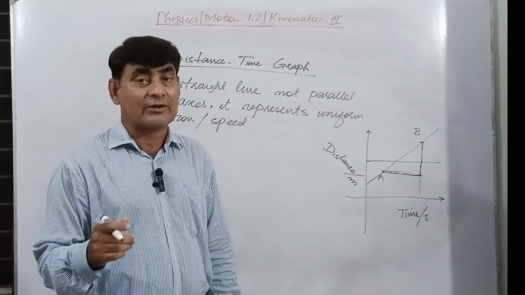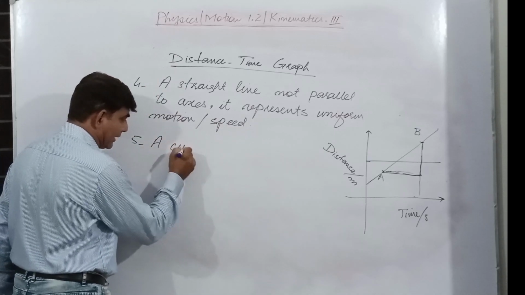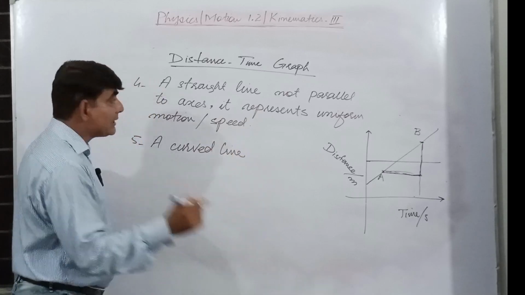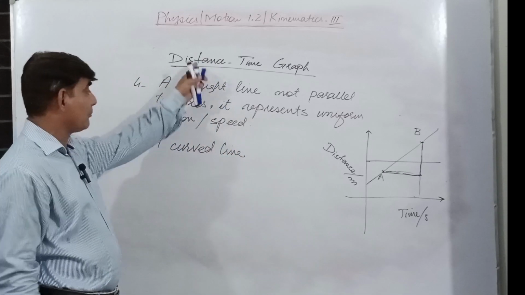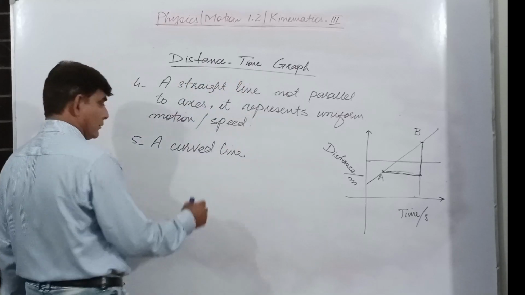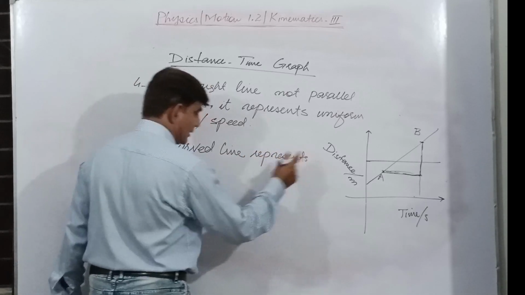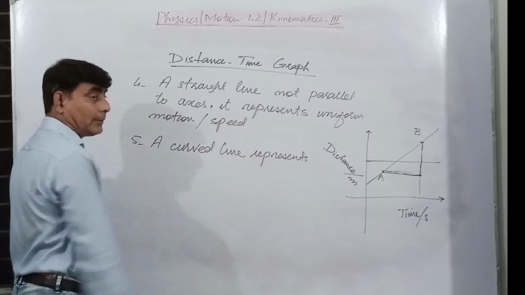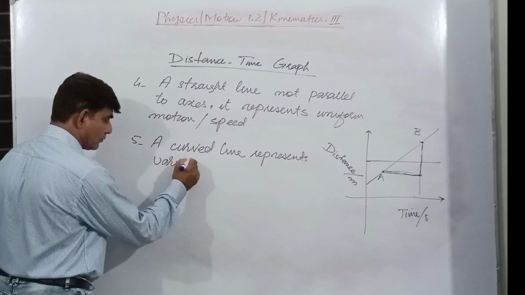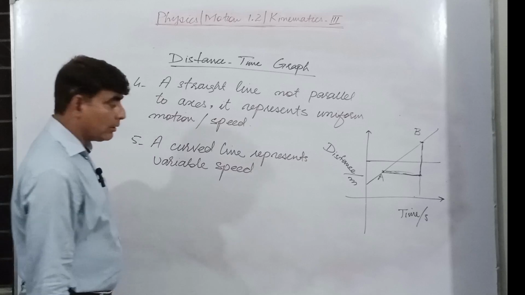So if the graph represents a curved line, okay, a curved line in a distance time graph represents variable speed or variable motion. Variable speed or variable motion.